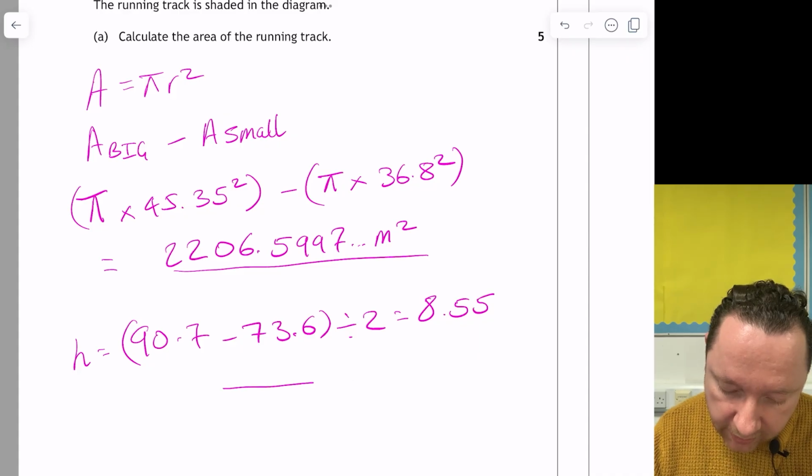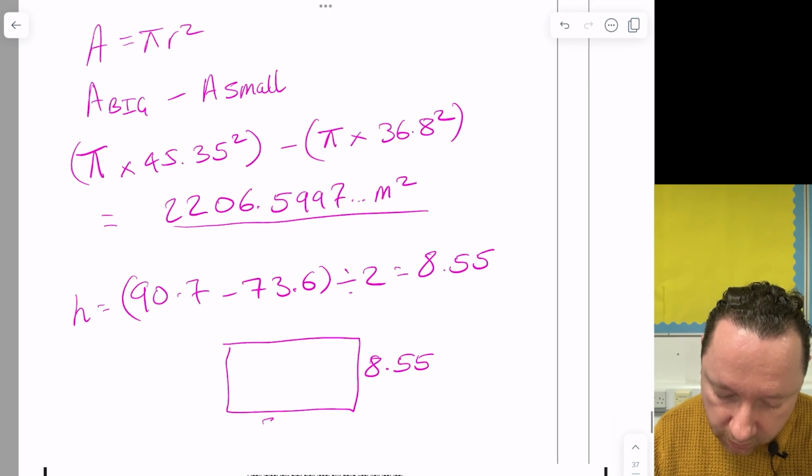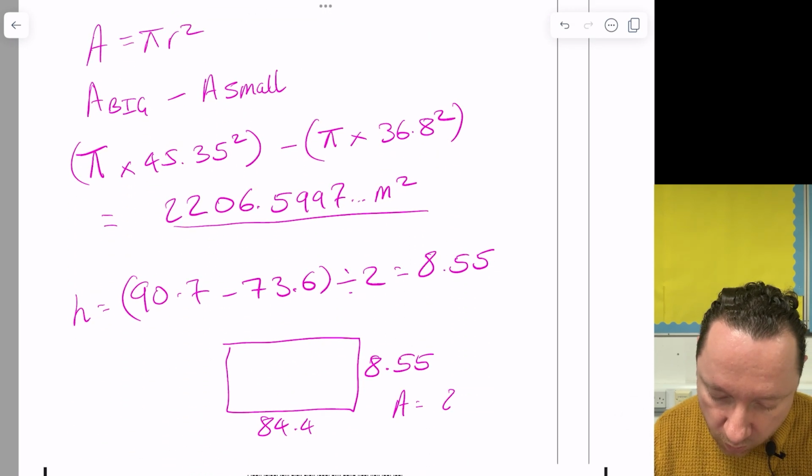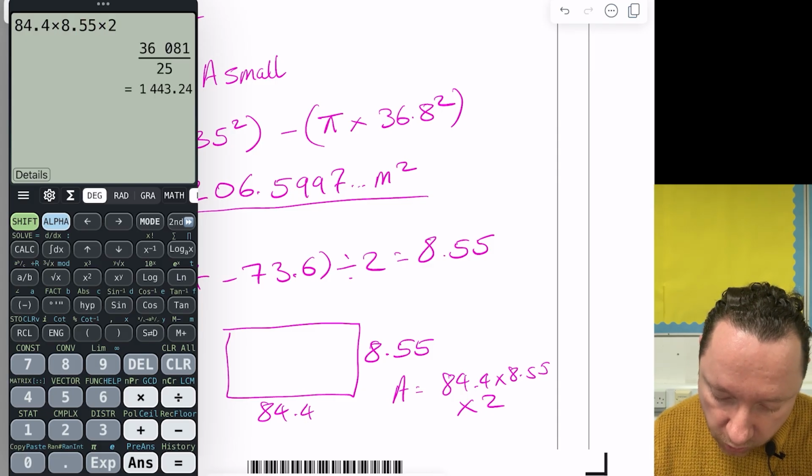So now for my rectangle, I've got 8.55 here, and I've got 84.4 here. So the area of that is 84.4 times 8.55, but I've got two of them, so times 2. 1443.24.